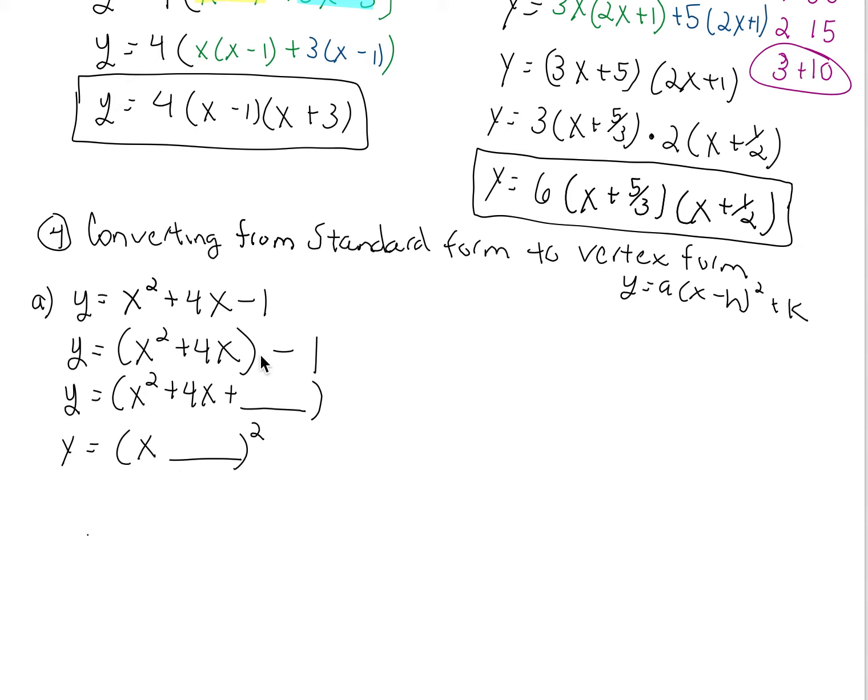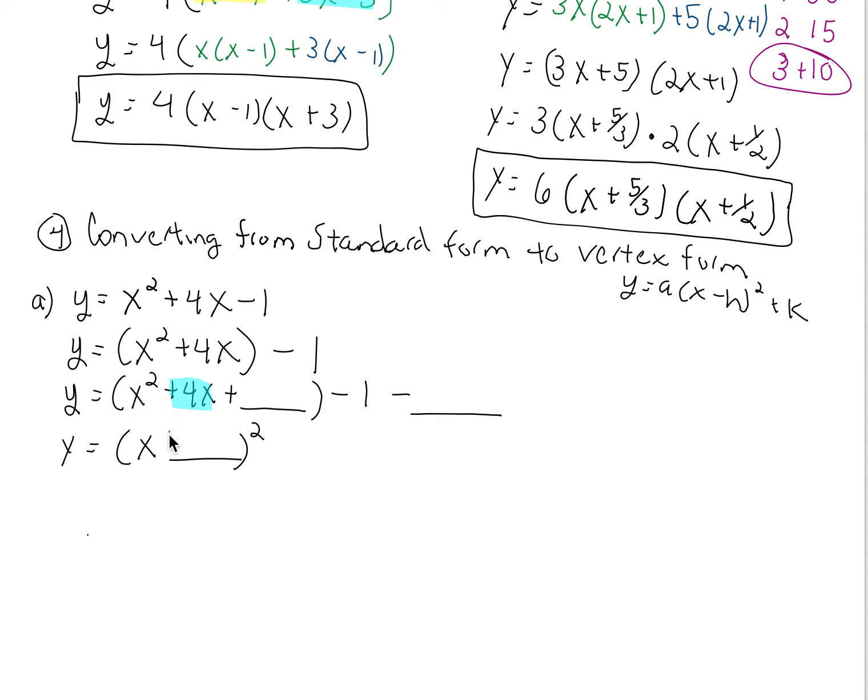But if I set up this equation and I add some number to this inside the parentheses, I therefore have to subtract some number from the equation, because if I add something and subtract something, I have not changed my function at all. So I have to keep it balanced. Anything I add, I have to subtract. And so now this is the blanks. These two steps here are the setting up the blanks. And we have to figure out what goes into the blanks. This bottom blank is what I usually fill in first, because I look at my B term.